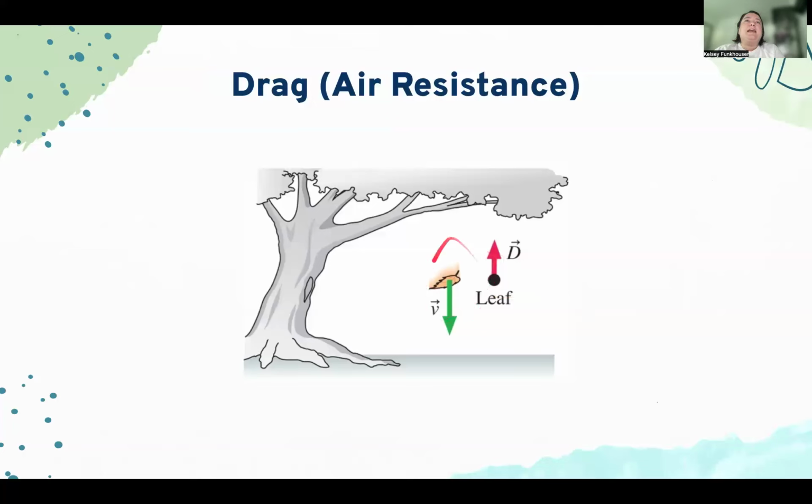So this is the idea that when you're moving through the air, because the air is not a vacuum, it is a substance, it pushes back against the object. And that is what we call drag. And that's the force. And it also points in the opposite direction of motion.